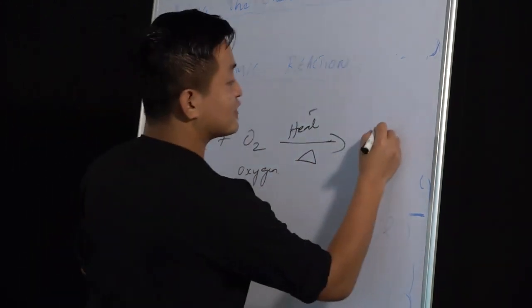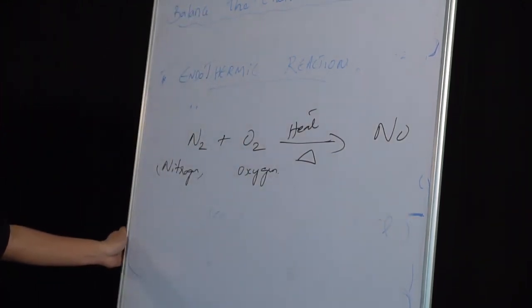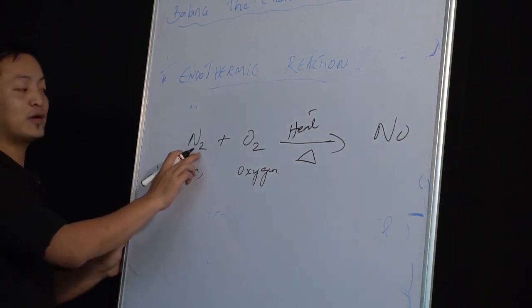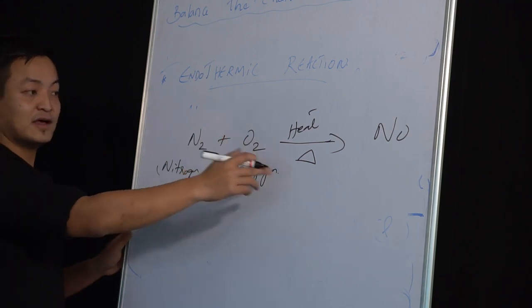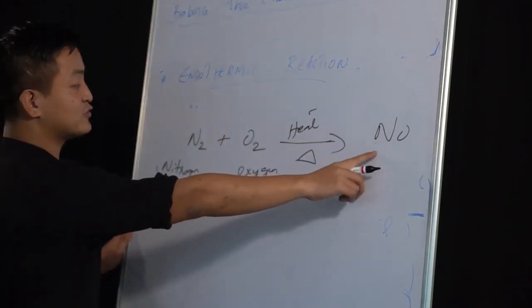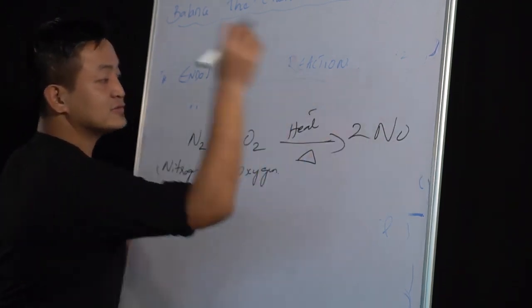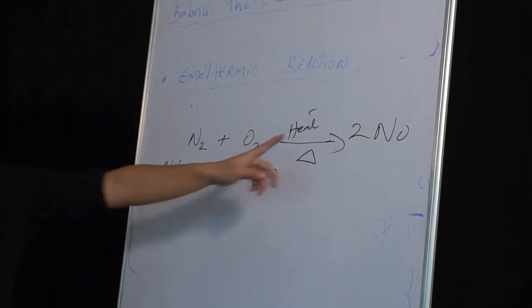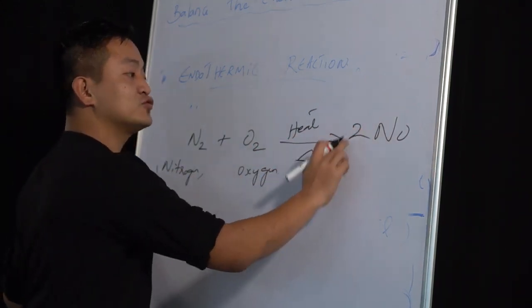So now we have nitrogen oxide. But as I said in the first class, in a chemical equation, everything we need to balance. So on the left side we have 2 nitrogen and 2 oxygen. But here we have only 1 nitrogen, 1 oxygen, so 1 short. So just simple, I have put 2 over here, so that means it is 2 times nitrogen oxide.